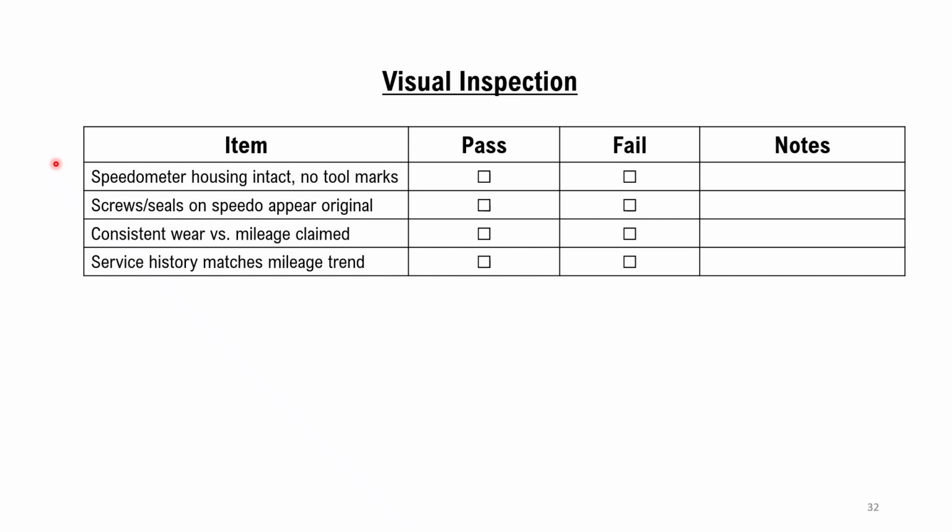Visual inspection of the speedometer or odometer: the speedometer housing is intact, no tool marks observed. Screws and seals on the speedometer appear original. No tampering attempts were made. Consistent wear versus mileage claim. Service history matches mileage trend. If everything is okay, the odometer or speedometer is considered a pass.